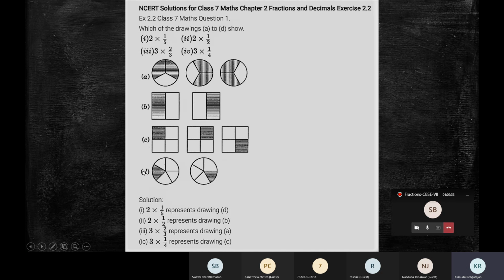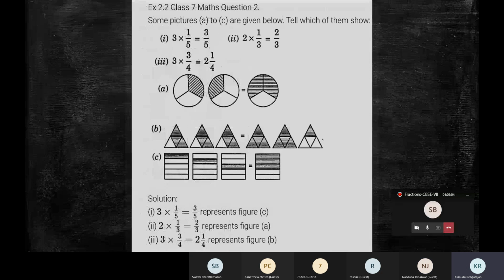A, B, C, D is also given to you, children. You just have to match. You can see the answer down. Is it fine, children? Yes, ma'am.